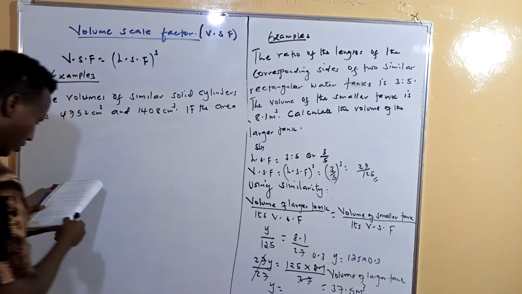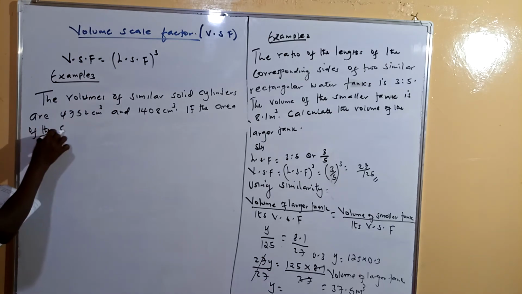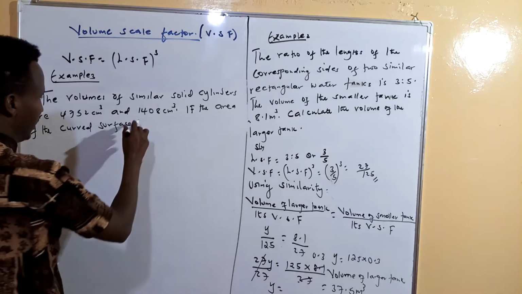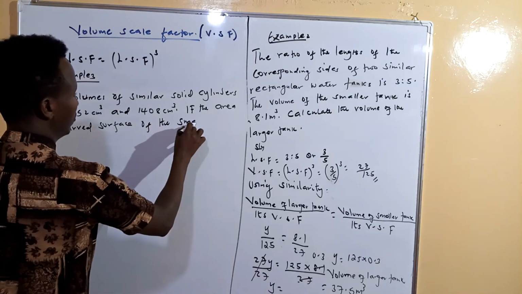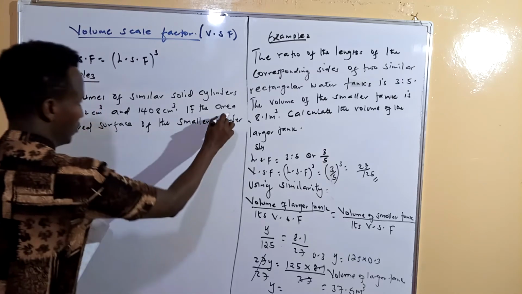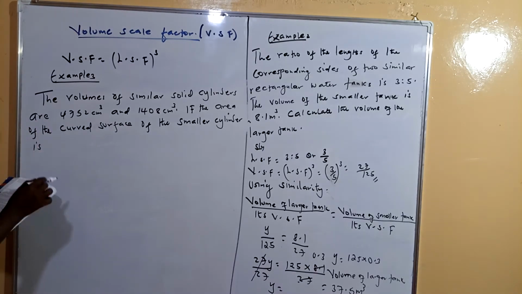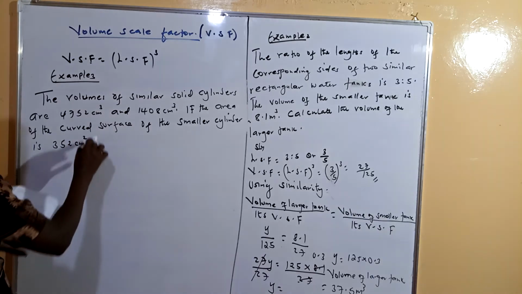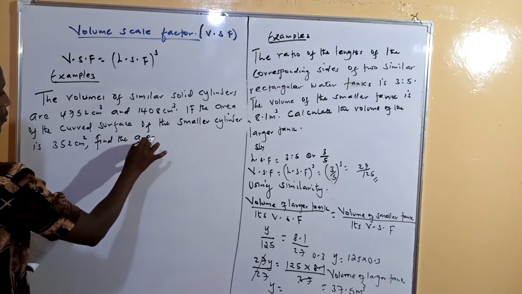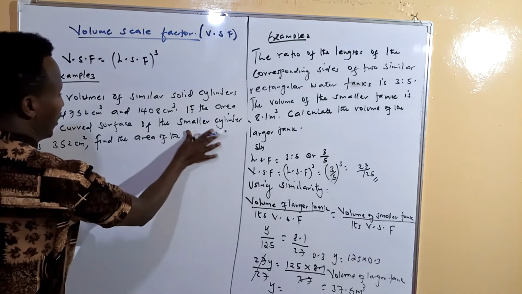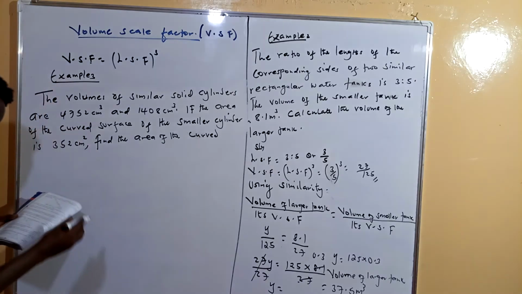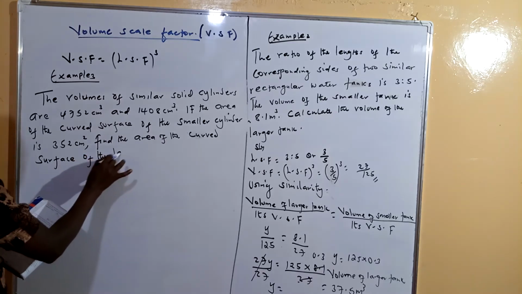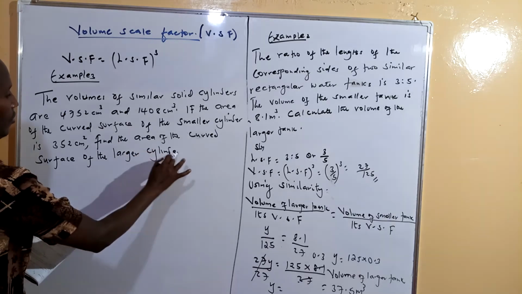If the area of the curved surface of the smaller cylinder is 352 centimeter squared, find the area of the curved surface of the larger cylinder.